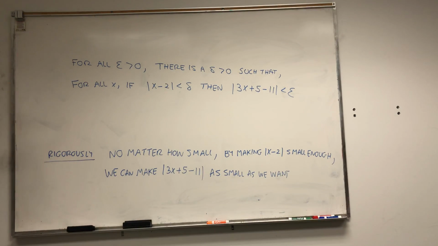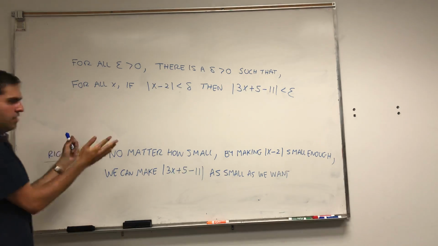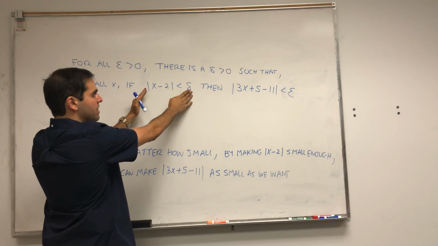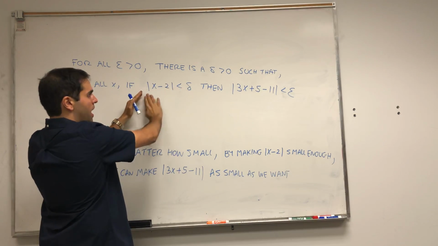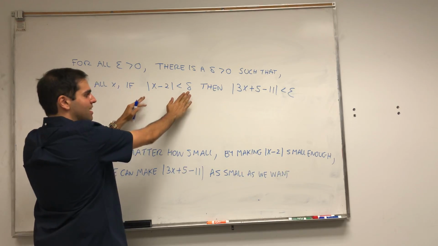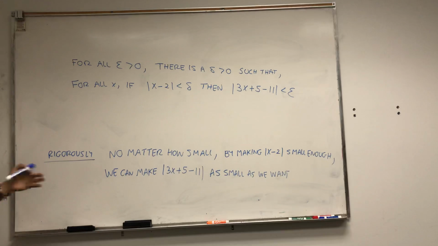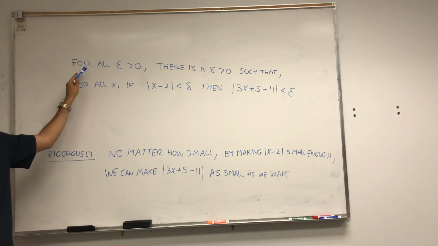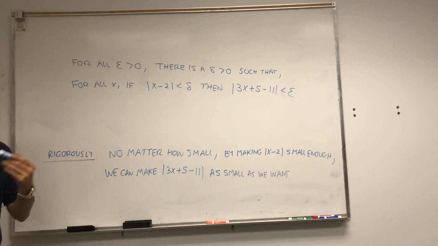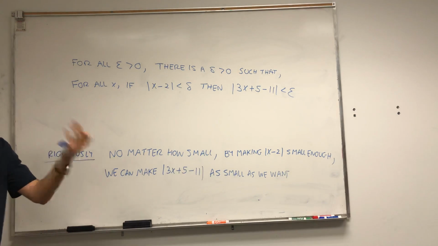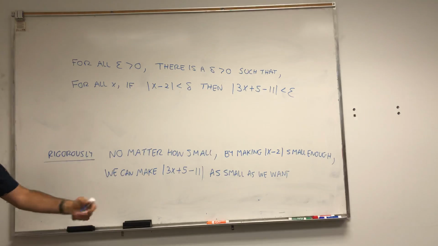So again, forget all this fluff. All that this says is, if you make x minus 2 less than delta, then this is as small as you want. And why is it as small as you want? Because you have some leeway in choosing the epsilon. You can have epsilon be 1 milliliter, 1 nanoliter.